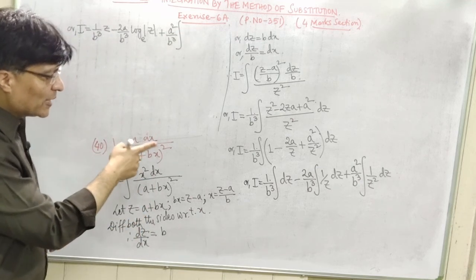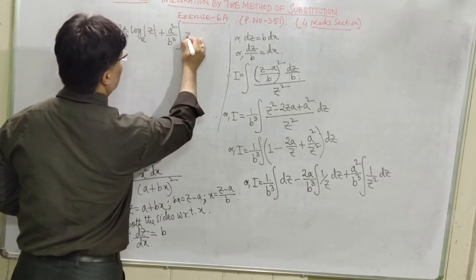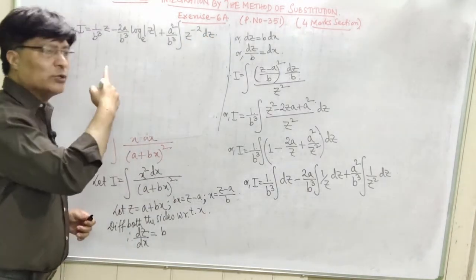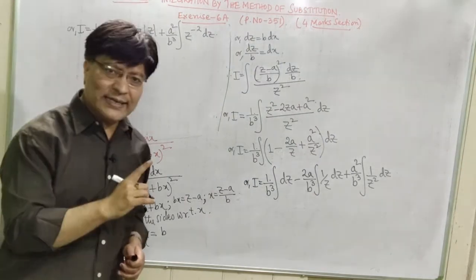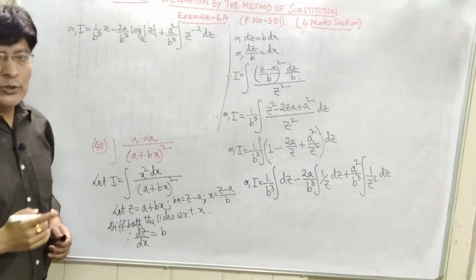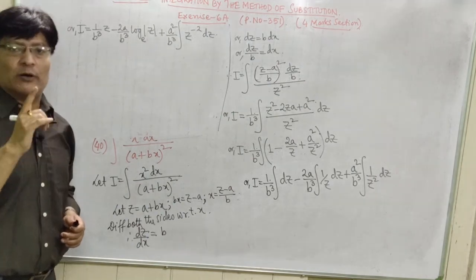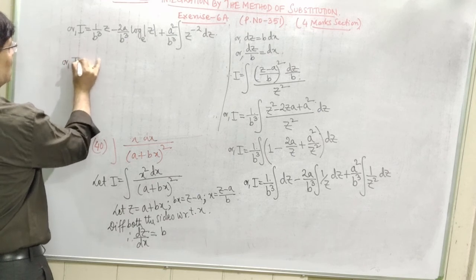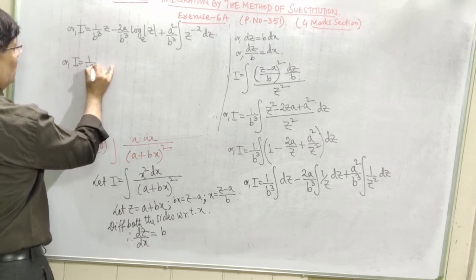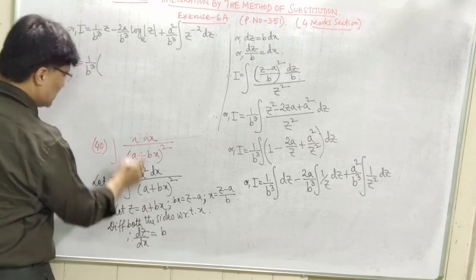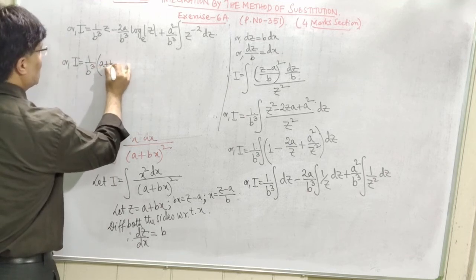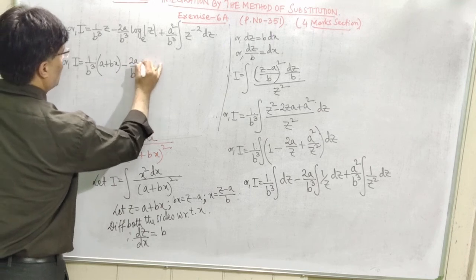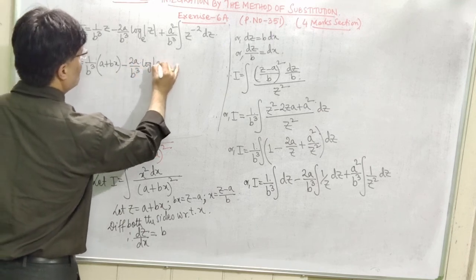But in this case, you can take this z square to the numerator. So it becomes z to the power minus 2 dz. So here x to the power n form is there, so n can be negative 2. So we can use the formula of x to the power n plus 1 divided by n plus 1. So or I is equal to 1 upon b cube. What is the value for z in this case? It is (a plus bx), bracket close, minus 2a by b cube, log within mod, what is z?